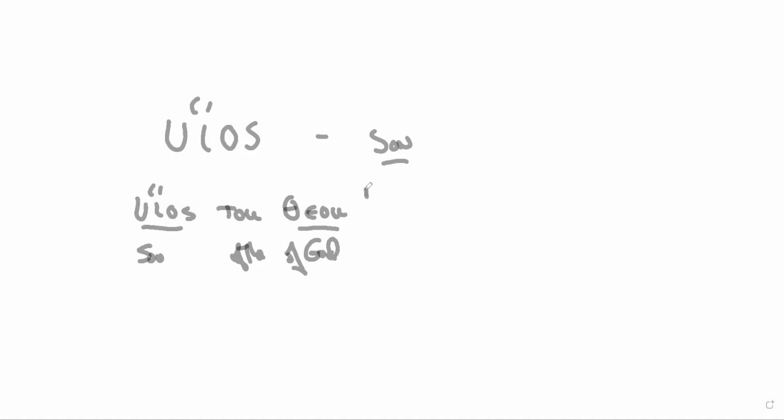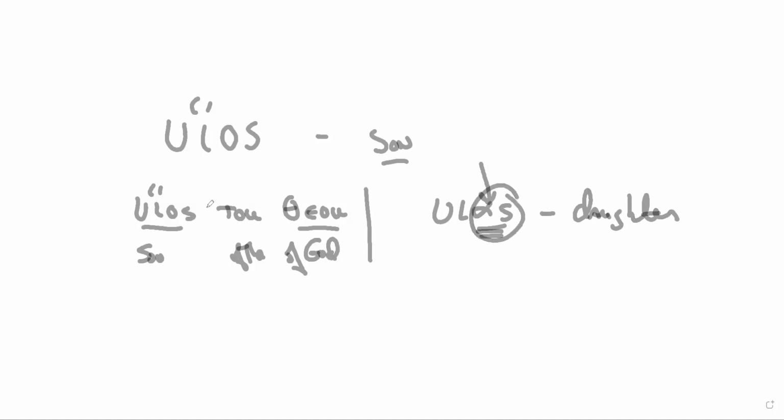And so if we were to do this and put the endings on here, let's say put the AS at the end, this would be daughter, because we made it feminine, see, by putting a different ending on it.